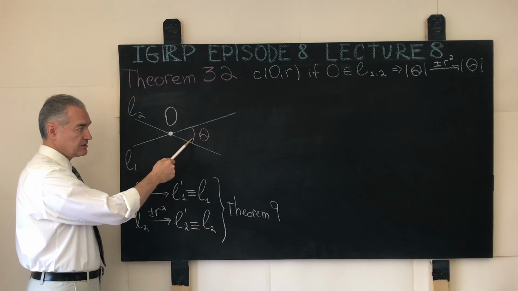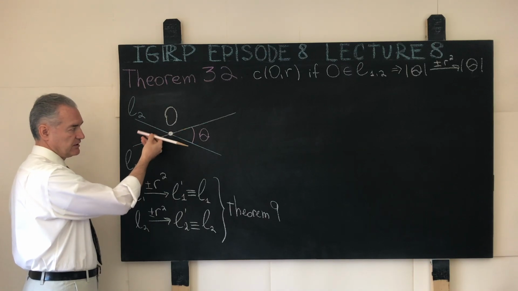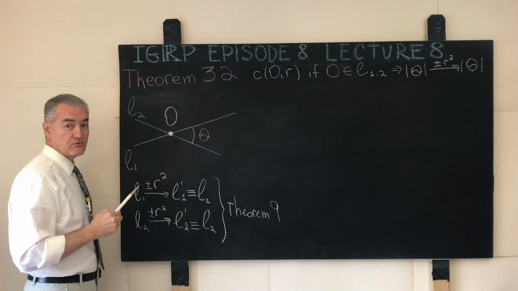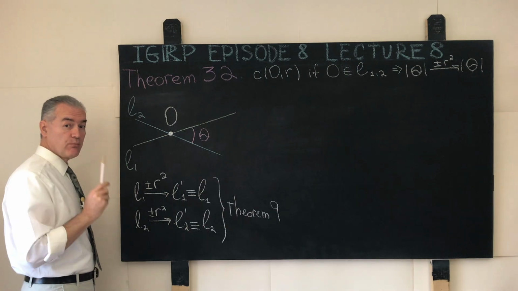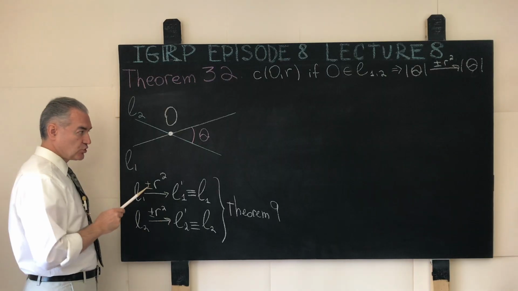This basically proves that the magnitude of the angle between the pre-image straight lines L1 and L2 under the inversion of the real plane with respect to a circle, with both powers, positive and negative, is preserved.